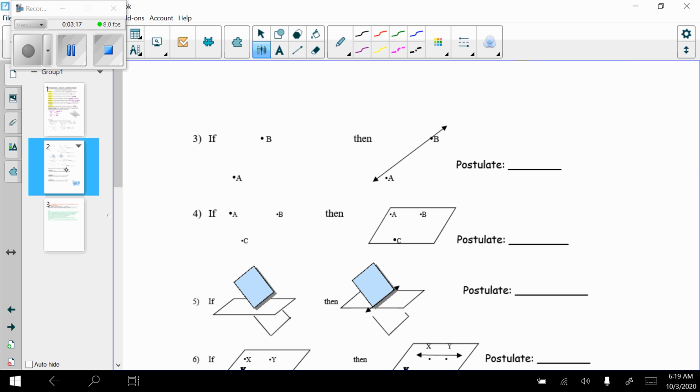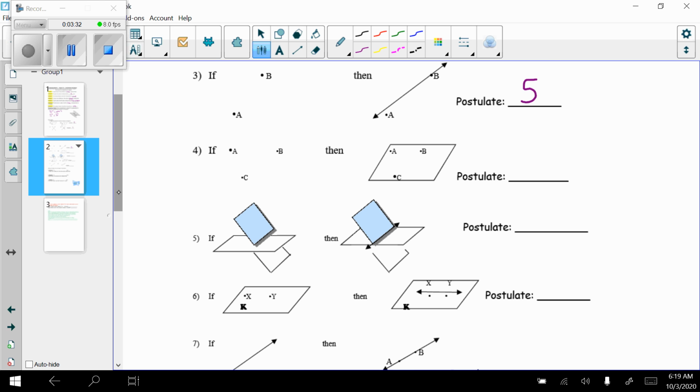Okay, let's go to the back. If given 2 points, A and B, then one line contains those 2 points. Line AB, so this is postulate number 5. Number 4 says, if I have 3 non-collinear points, then they're contained in one plane. One plane makes those up. That's postulate 8.